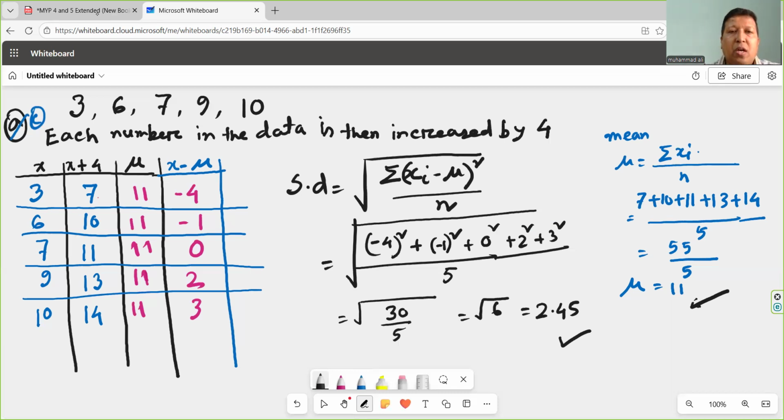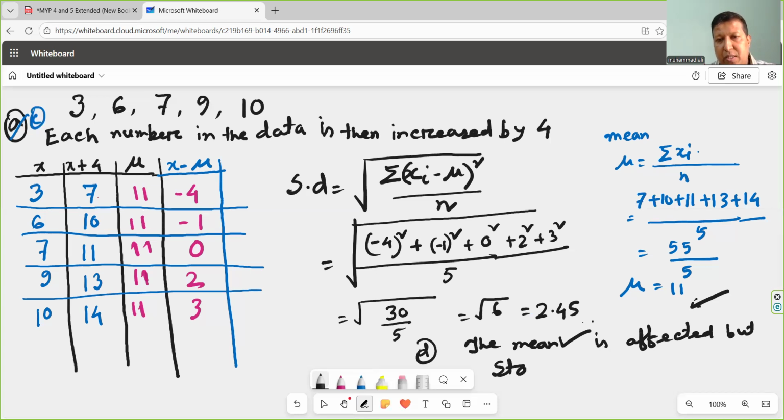Before increasing, the standard deviation was 2.45, and after increasing, the standard deviation is again 2.45. So we write: the mean is affected, but the standard deviation is unchanged.